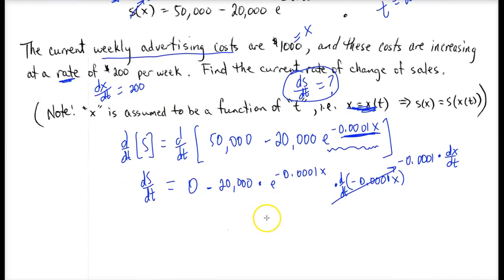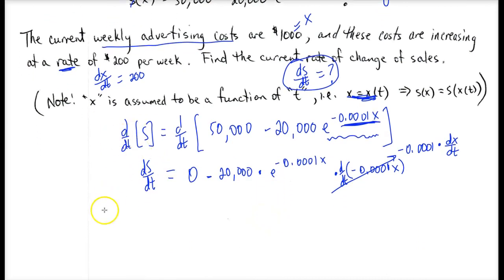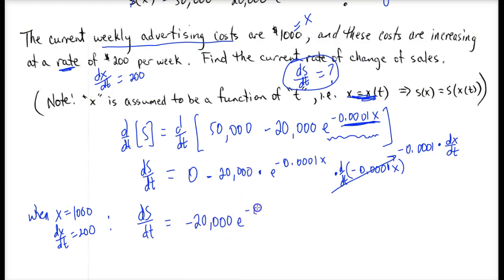So scrolling down now, we're going to go ahead and fill in everything. So when x is equal to 1,000 and dx over dt is equal to 200, we know that ds over dt, which is the change in weekly sales, is going to be the minus 20,000 e raised to the negative 0.0001, and instead of x, we're going to put 1,000 in there.